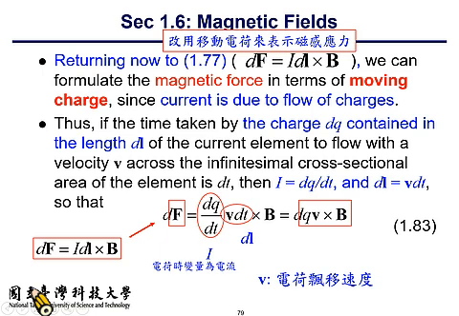So B is not produced by the moving charge. It's not produced by the current. B is the background magnetic field. So this tells you that if you have a moving charge that moves into the neighborhood of a magnetic field, then this moving charge will experience some magnetic force.